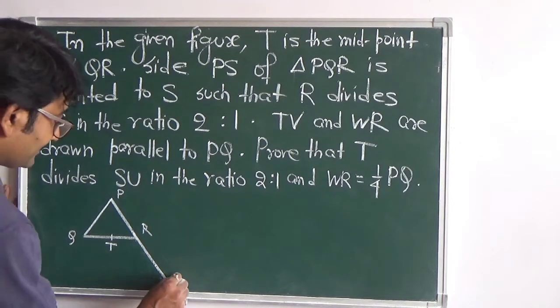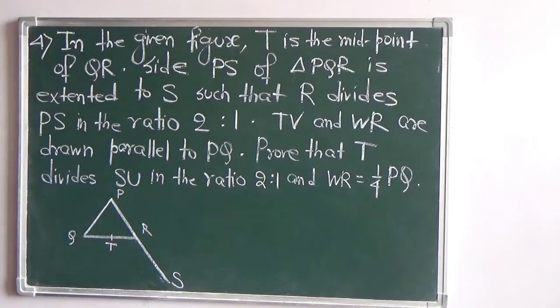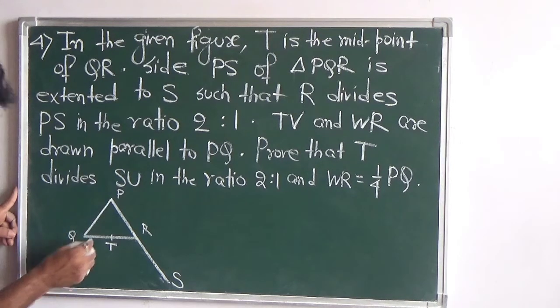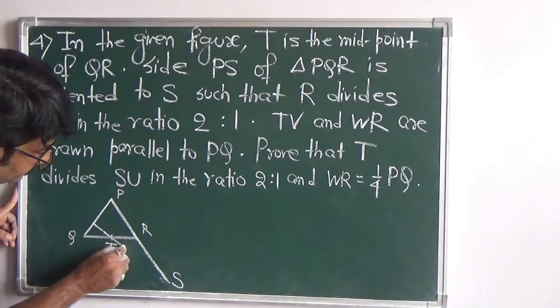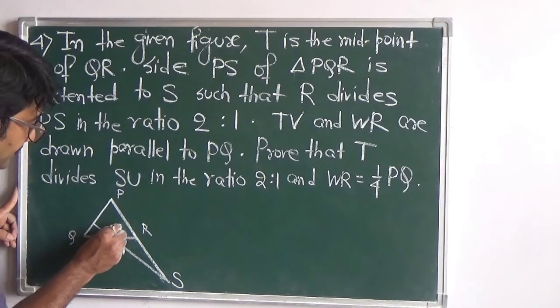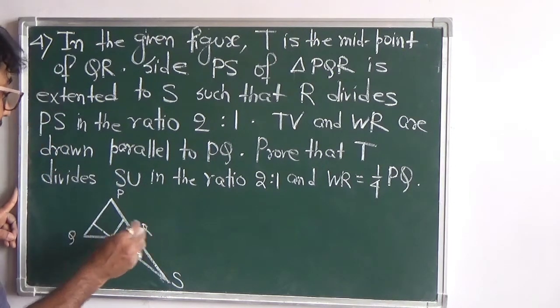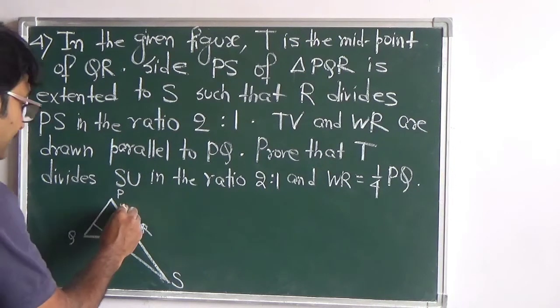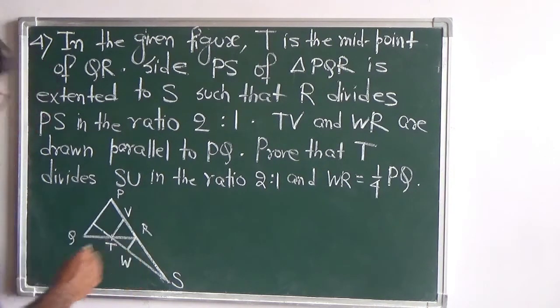So let it be S. Now TV and WR are drawn parallel to PQ. So let us join this. So TV, this is V and this is W. So TV and WR are drawn parallel to PQ.